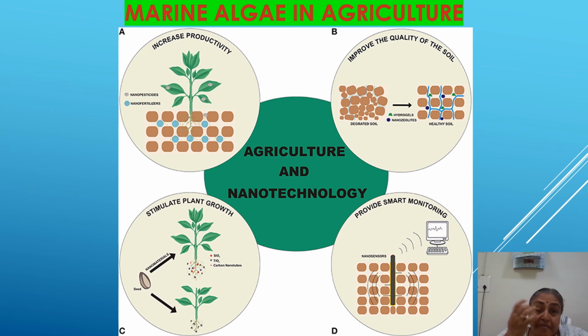Then, the role of marine algae in agriculture. See friends, this figure will show you that if we apply marine algae based powder fertilizer or liquid fertilizer or any sort of marine algal extract to the growing plant, then it works in two ways. First of all, it improves the quality of soil because it adds a lot of mineral ions and other components in the soil which are helpful to plants.